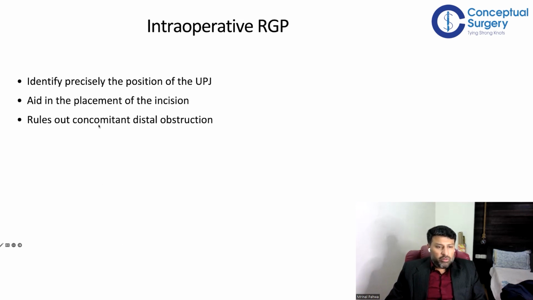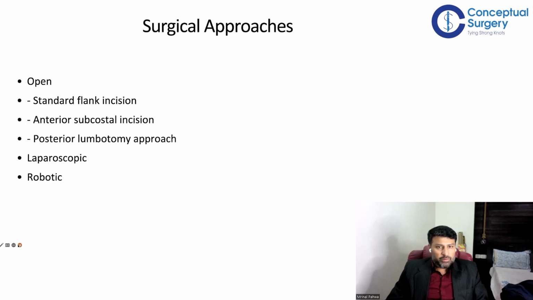It also gives information about distal obstruction, whether there is any obstruction at the level of the vesicoureteric junction, because in some 10-15% of patients there is a concomitant VUJ obstruction along with the UPJ. So doing an RGP confirms all this.